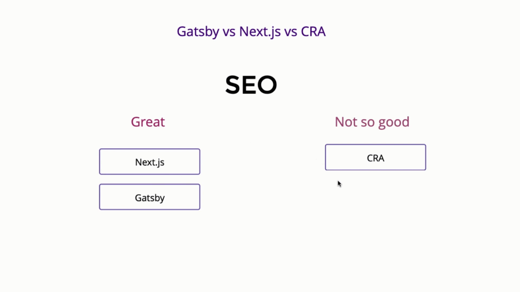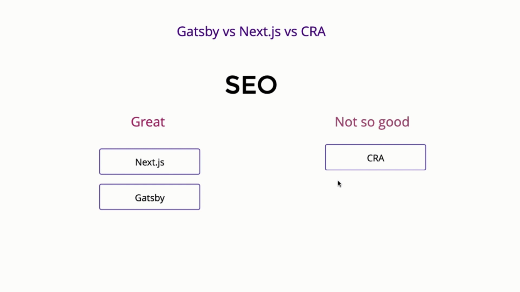Now, when you look at Create React App, because the content of the site is dynamically being inserted into the page by running a JS script, it's not really good for SEO, because when you first load the page it's actually empty, there's no content in there, and then the content is dynamically inserted. So this is not really good for SEO.